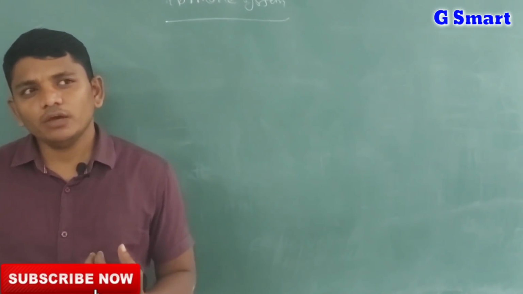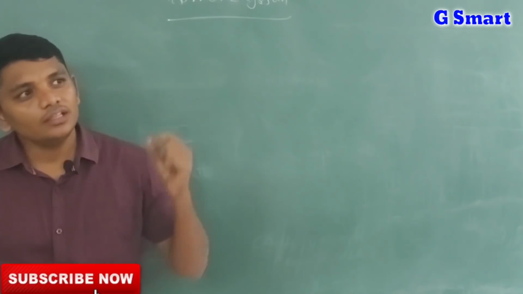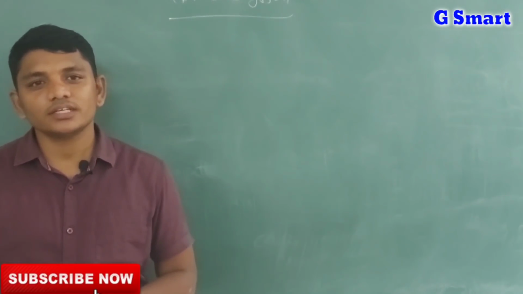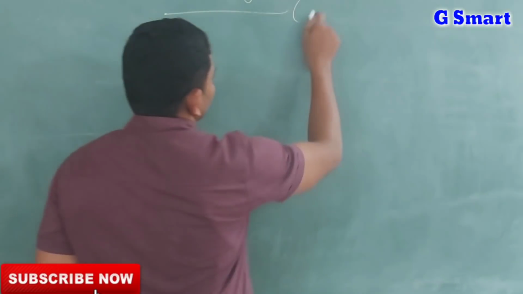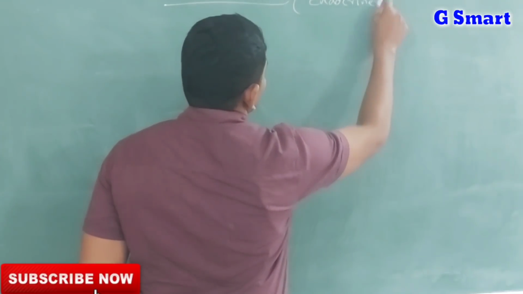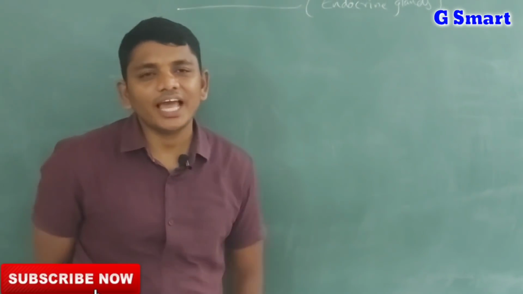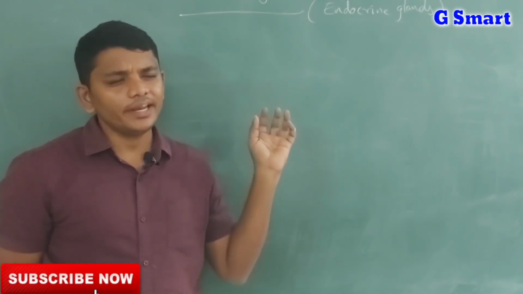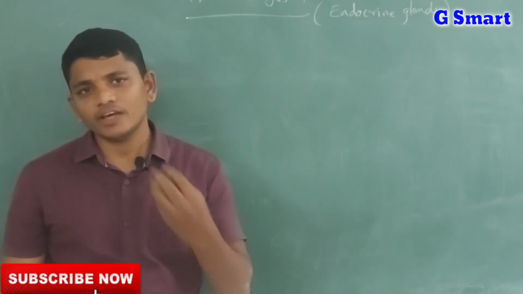In our body we have seven glands. These glands are called endocrine glands, which means they don't have any ducts. They are directly attached to the body parts in our body.